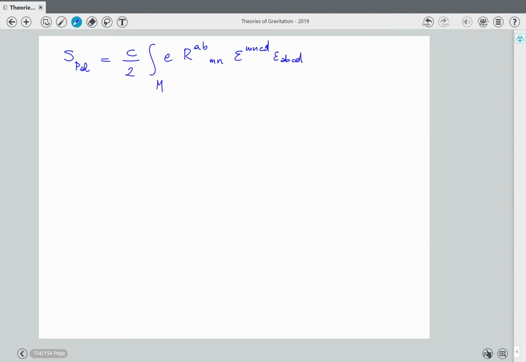And now we're done, because the contraction of two indices of the epsilons is very easy to compute.